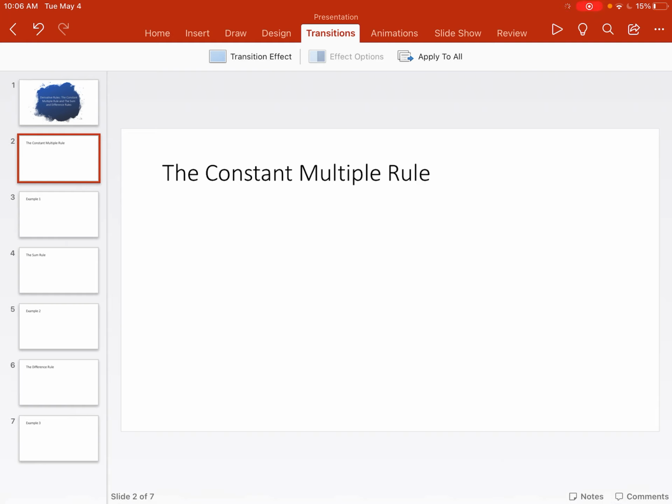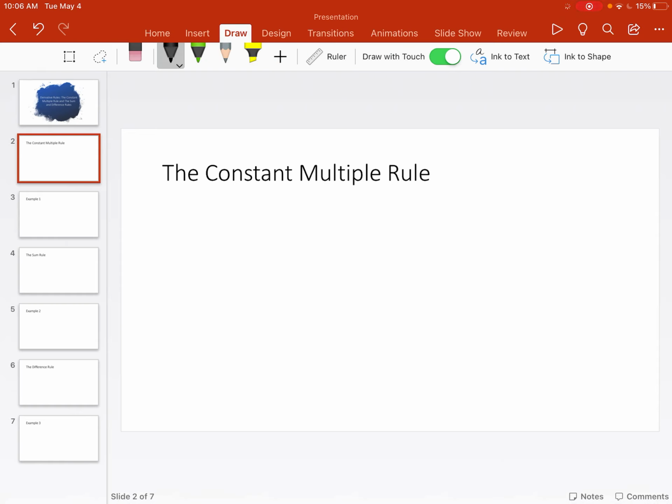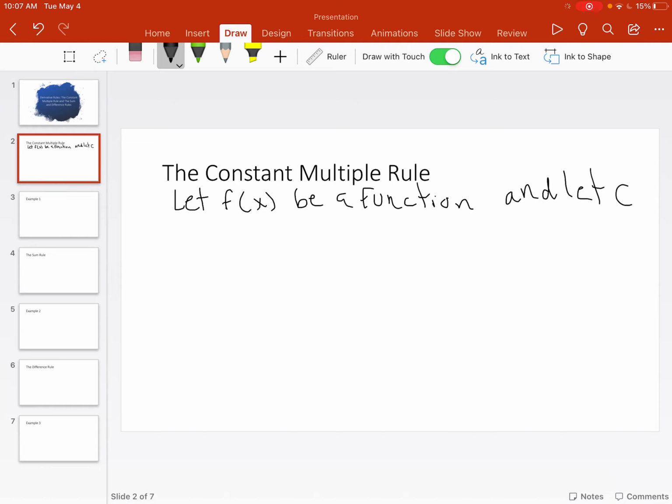So let's get started. The first one, the constant multiple rule, you've probably seen in class. It's fairly straightforward. What it says is, let f of x be a function, and let c be a constant.